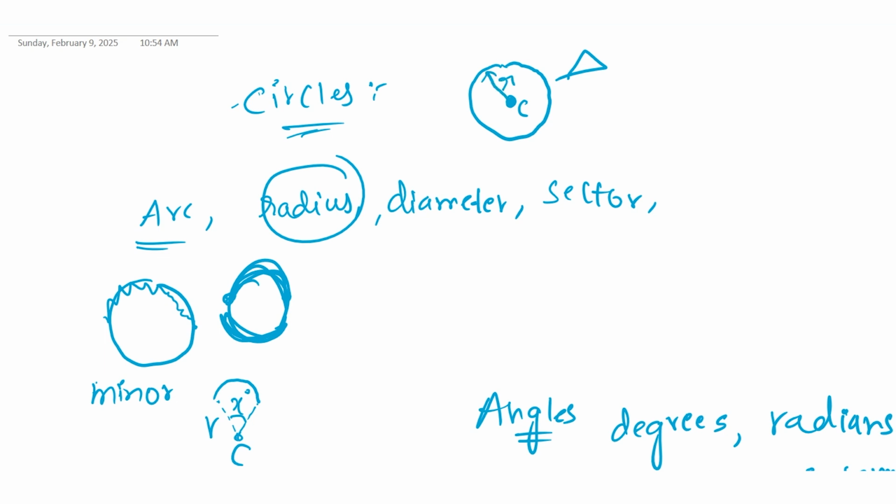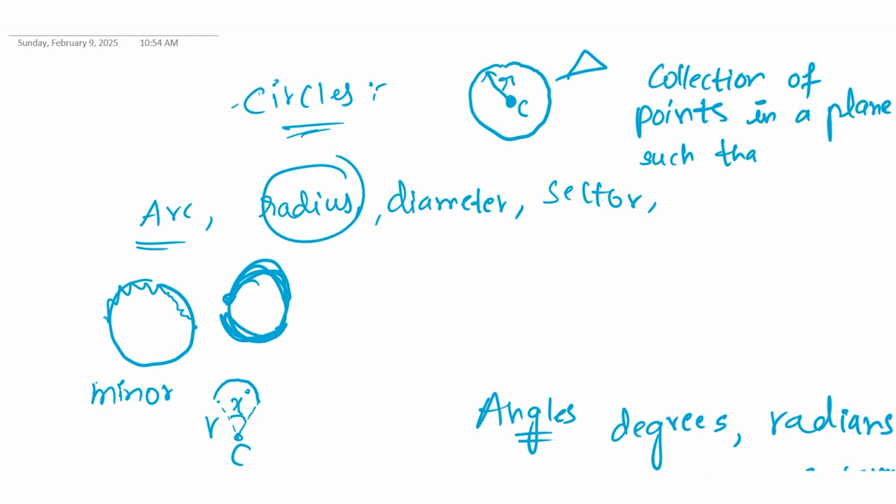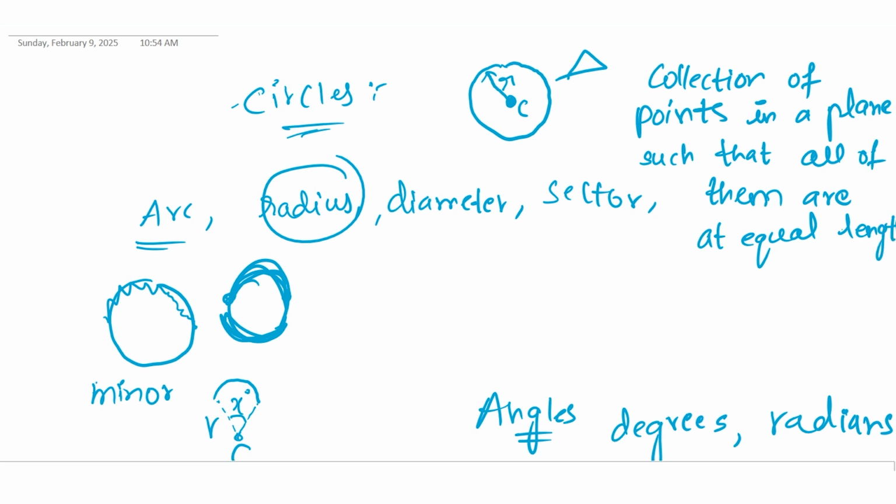So a circle is actually a collection of points in a plane such that all of them are at equal distances from a fixed point.